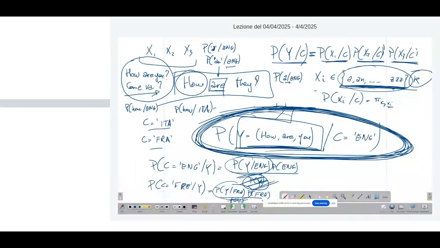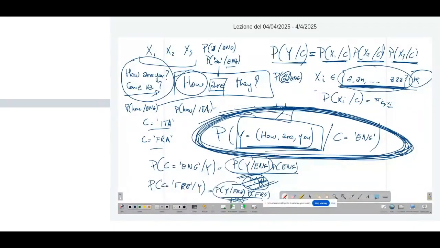It's a preposition. I go home, I say, vado a casa. It's used in a different way, but still, the word A appears in both languages. And we already can start to imagine that if a word appears in both languages, that's not very useful to tell what is the language of the text. It's not a discriminant word.